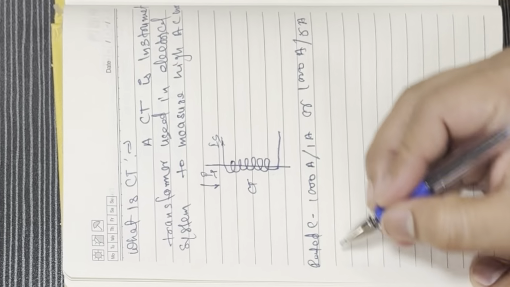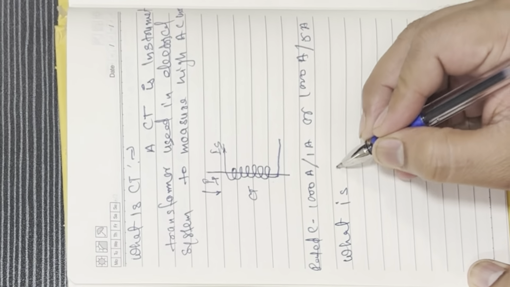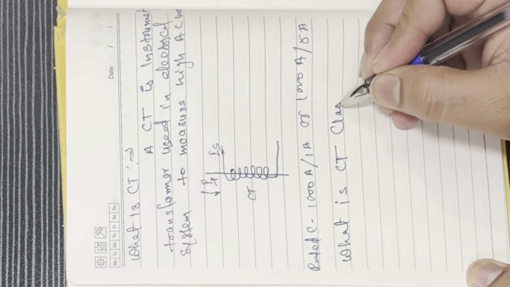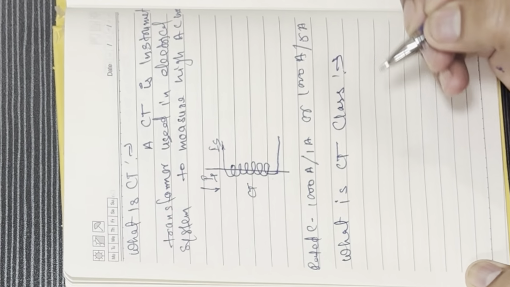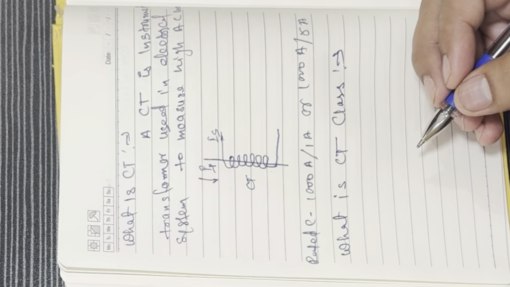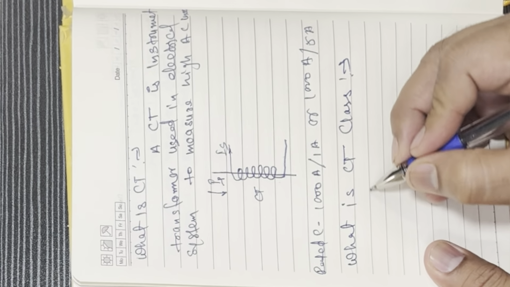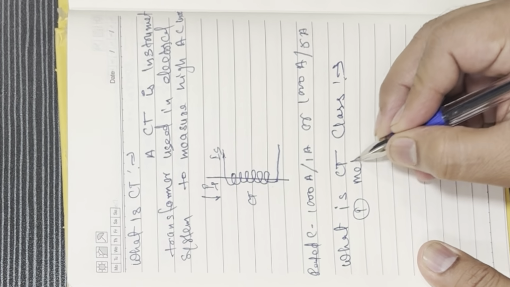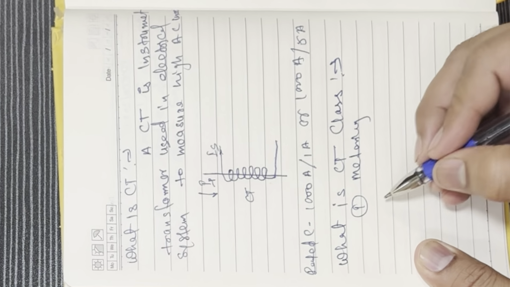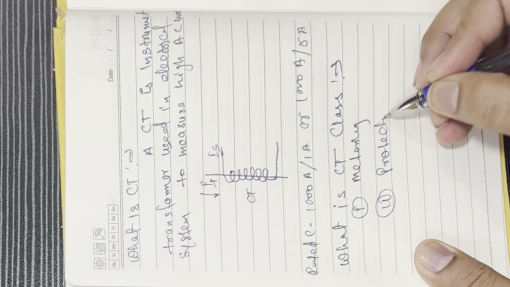Okay, what is CT class? CTs are built for two distinct purposes: first, metering, and second, protection.